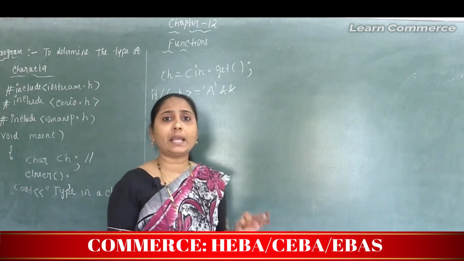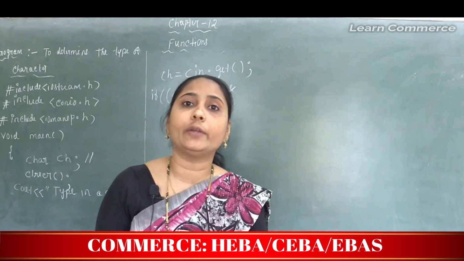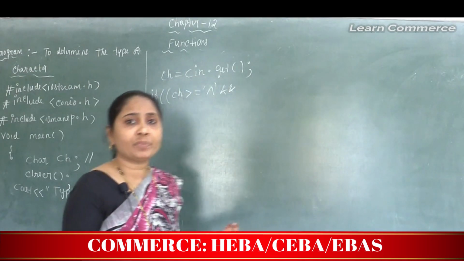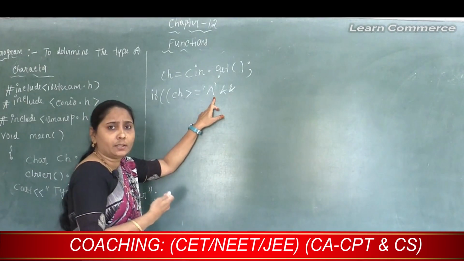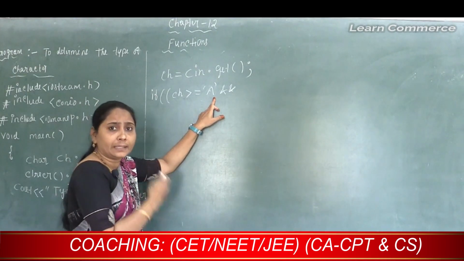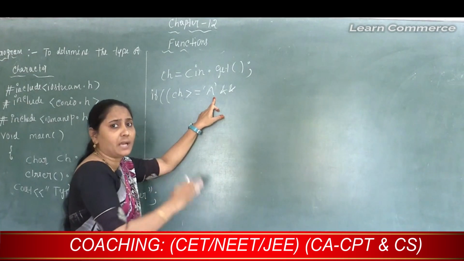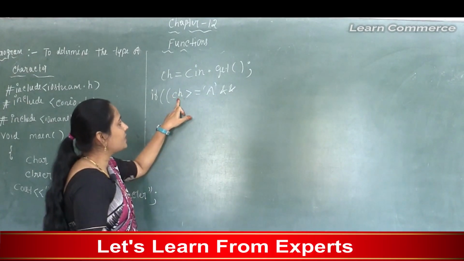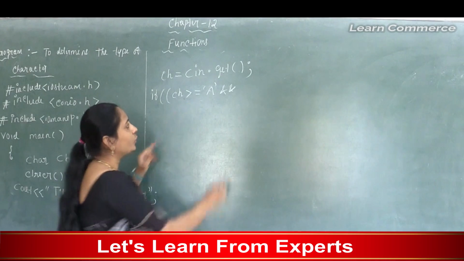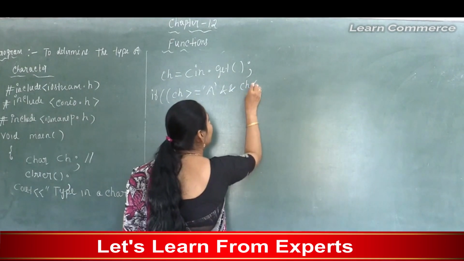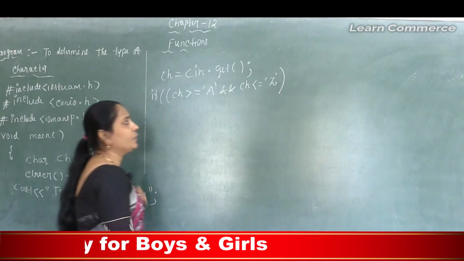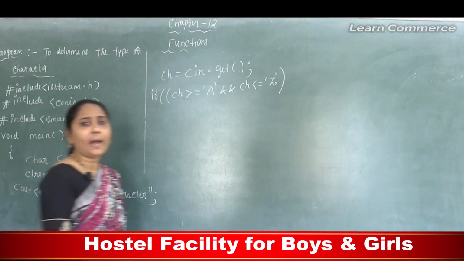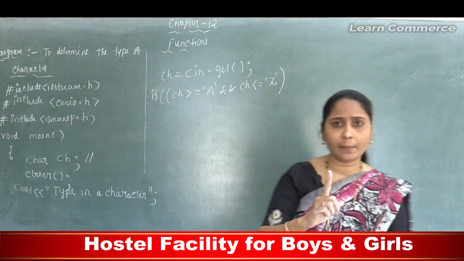The capital alphabet letters start from A to Z. So the first condition, if ch is greater than or equal to A and ch is less than or equal to capital letter Z, I close the parenthesis bracket one time.